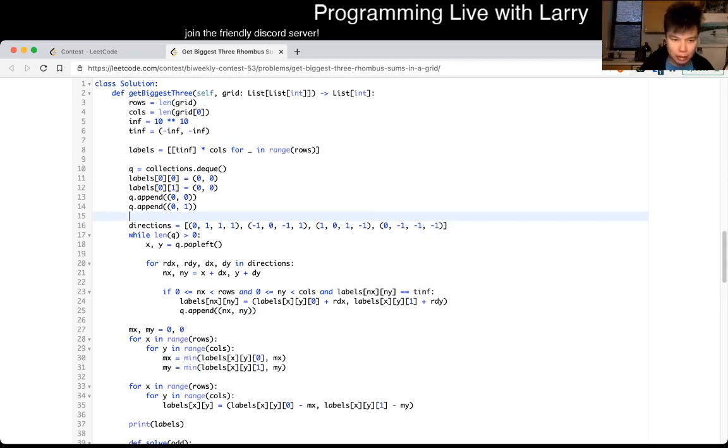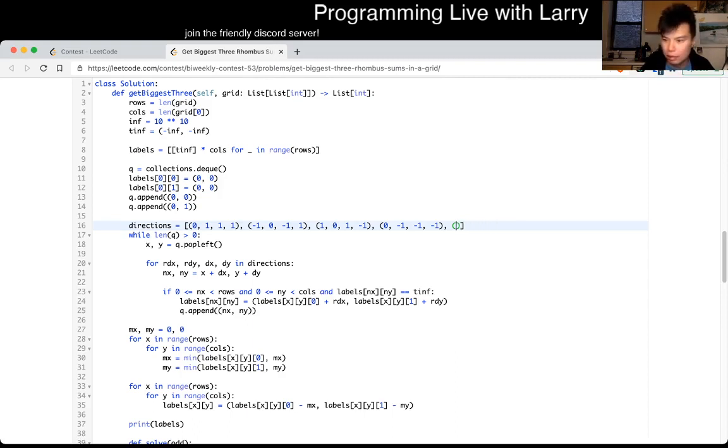Okay. I just need to add something more to here. Negative 1, 1... no, is that true? Did I mess that up?